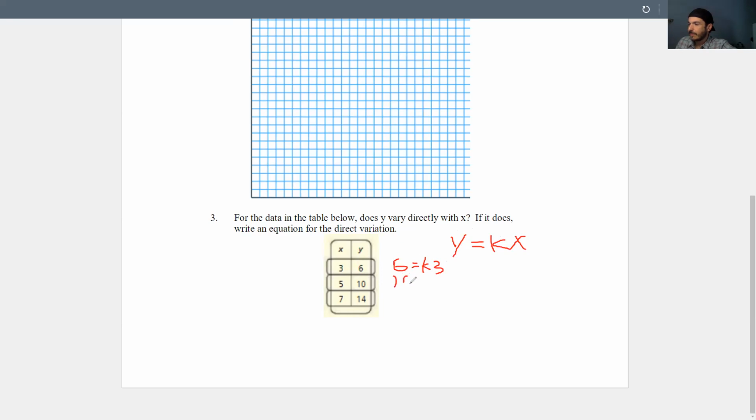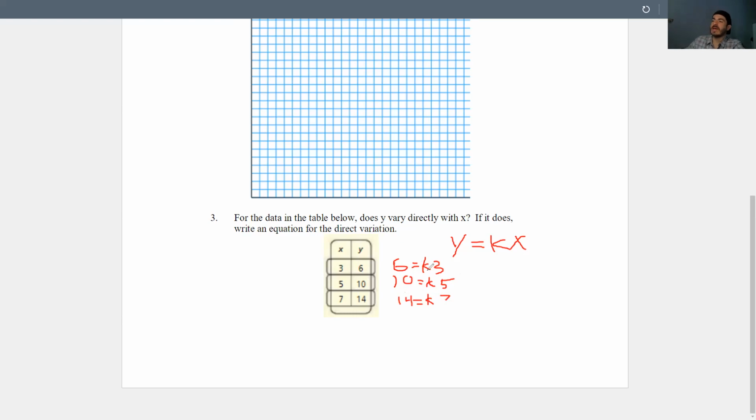10 is equal to some number k times 5. 14 is equal to some number k times 7.